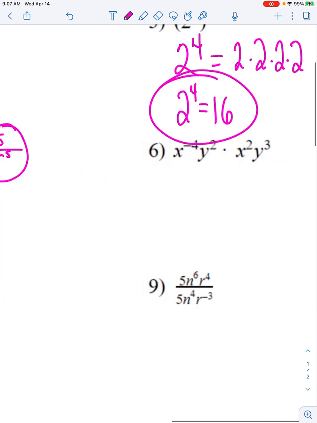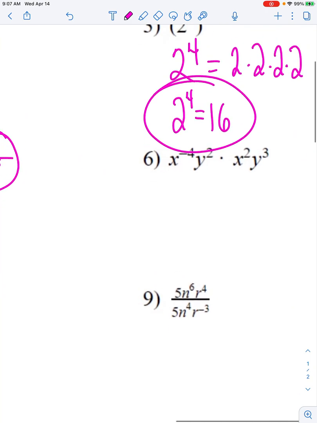Now let's take a look at number 6. On 6, I see a couple of things. I see the product rule, and I also see a negative exponent, but I'll deal with that at the end. So let's deal with our x's first. So for x, I have negative 4 plus 2, because you want to add the exponents. But negative 4 plus 2 is negative 2.